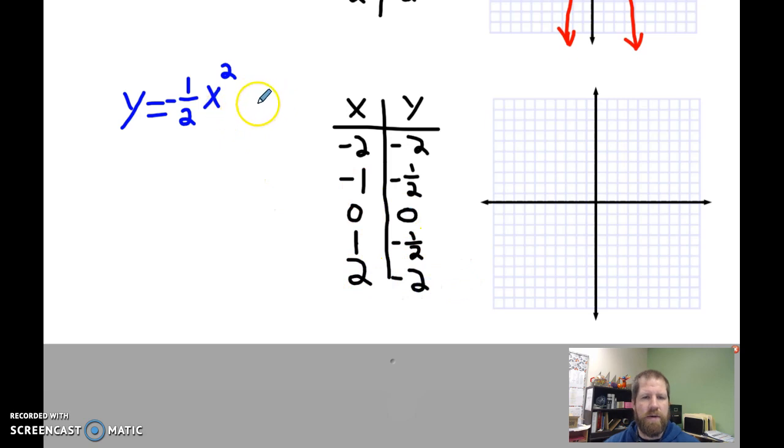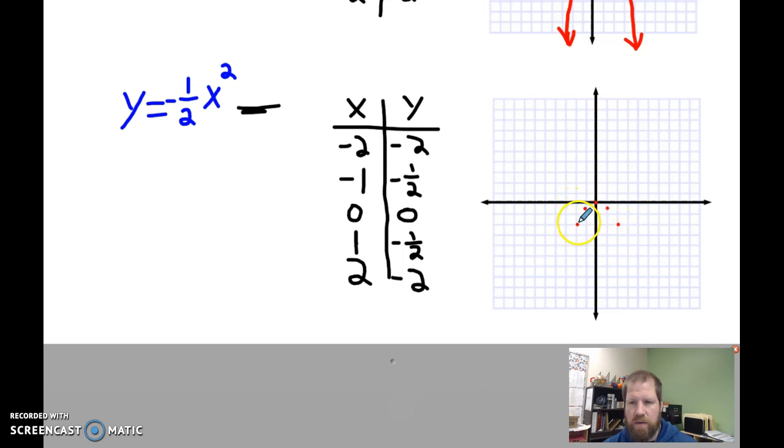I'm not adding or subtracting any x, so my parabola is going to line up directly with the y-axis. So I got 0, 0. I got 1, negative 1/2, and negative 1, negative 1/2, and 2, negative 2, and negative 2, negative 2.